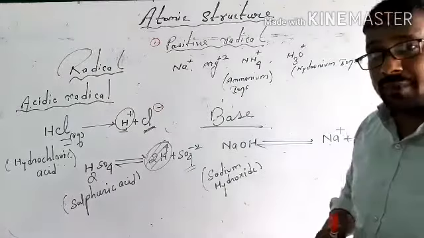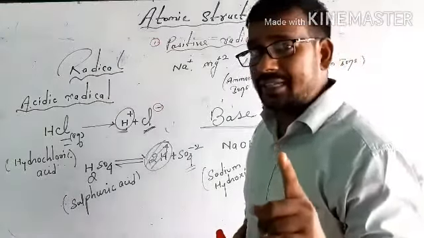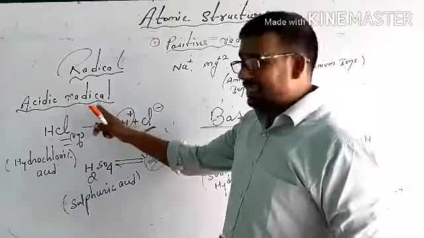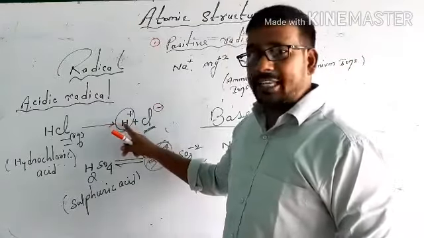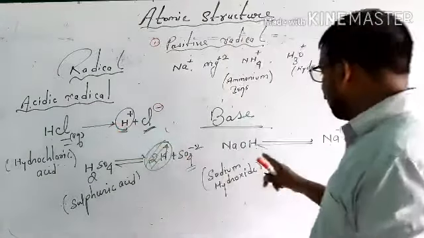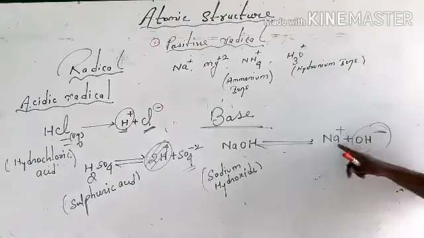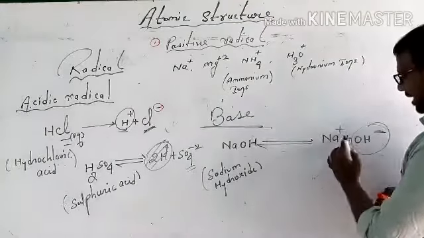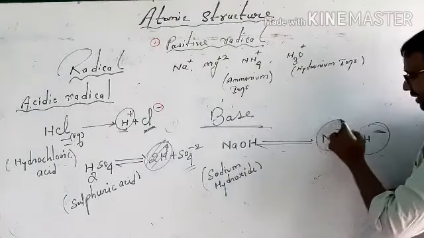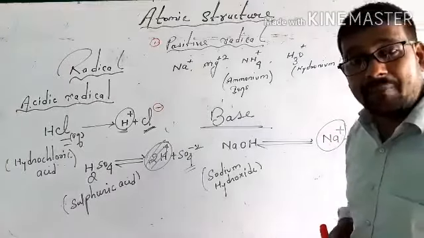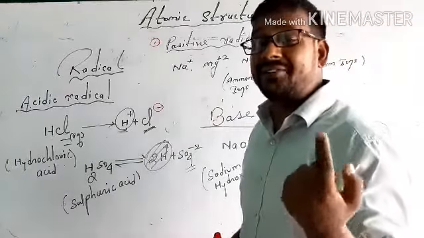I said that in the case of acid, you will not see the H plus ion, and in the case of base, you will not see the OH ion. You will see another ion, and you can see it is giving Na plus ion. Na plus means cation radical.